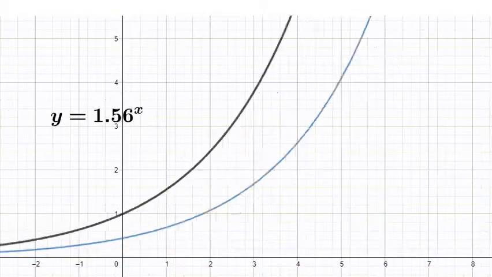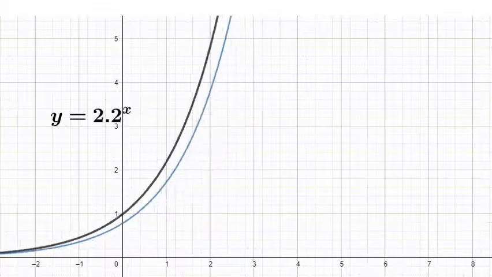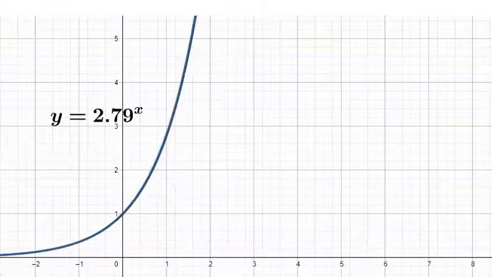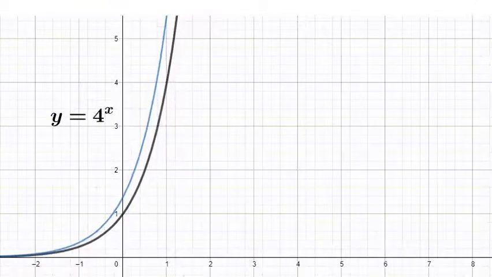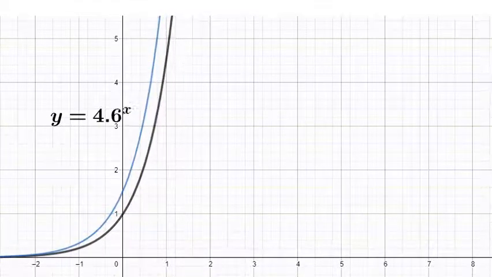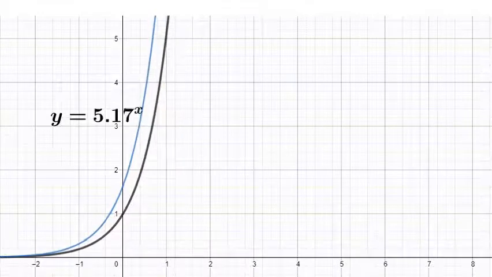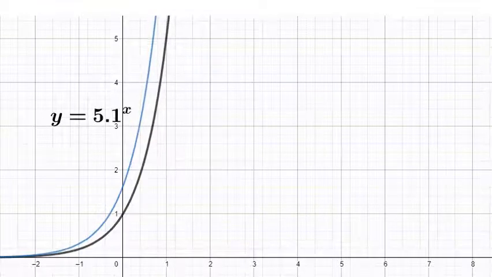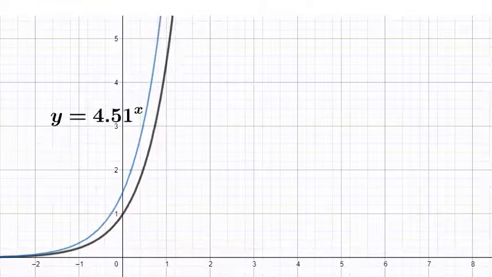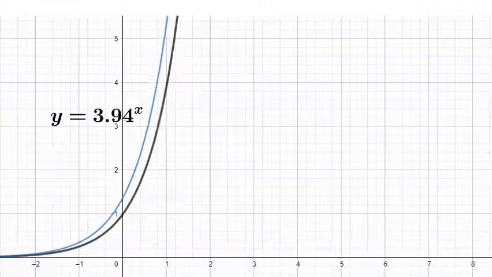Now, this is a useful graphic to pay attention to, because this is what happens when you ask GeoGebra to graph the gradient curve along with the real curve. If I ask for y equals 6 to the x, it'll draw y equals 6 to the x. That's the black line. But the blue line is the gradient function that corresponds to that.